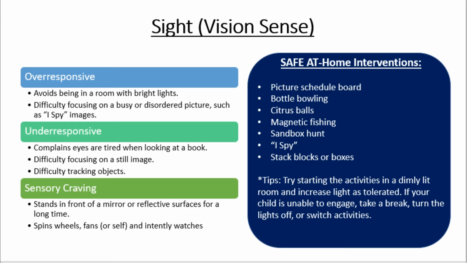You can also do bottle bowling, so you can set up some empty bottles or whatever you have, and they can work on aiming or rolling a ball or whatever you have. Maybe it's an orange, because the next activity is the citrus balls. In this book, they just say citrus balls, and there's all these different sensory activities you can do, and you can have them look at different types.